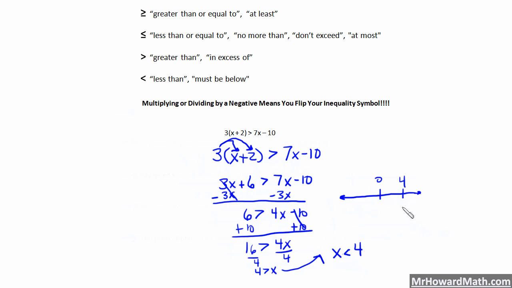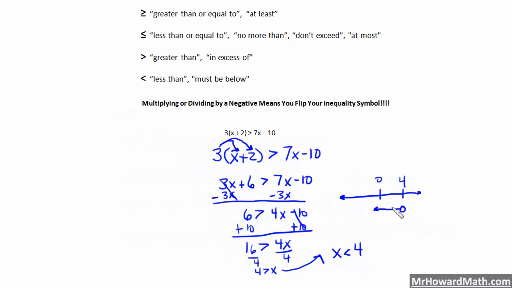Where x is less than 4, I'm going to put an open circle, because less than gets an open circle, and I'm going to point my arrow this way. This means that 4 is not okay, 4.0001 is not okay, but 3.99999 is. 3.9 is okay, 3 is okay, 2 is okay, 0 is okay, -4 is okay.